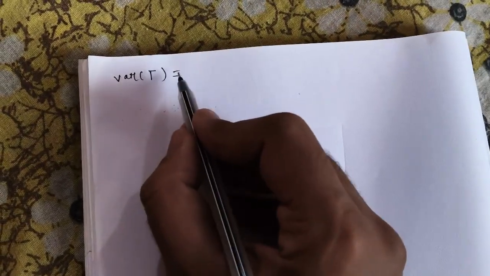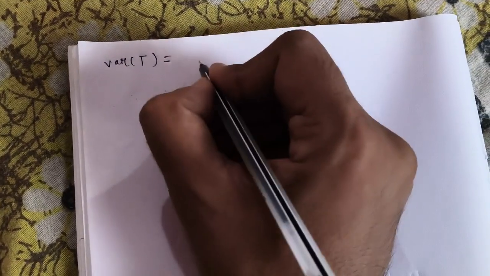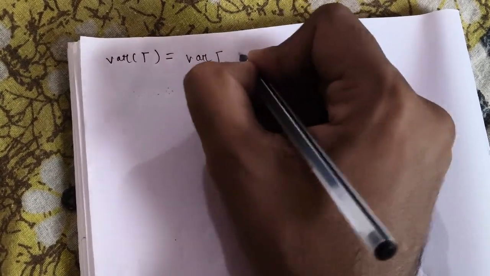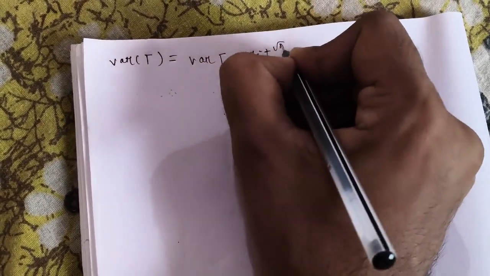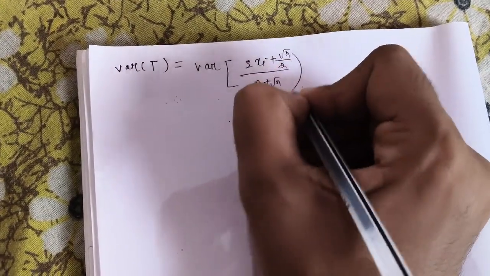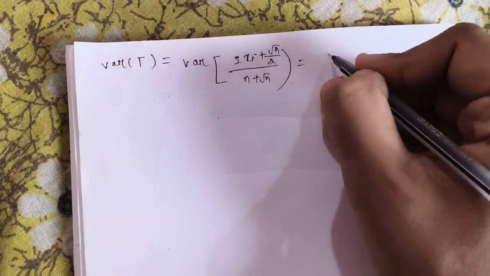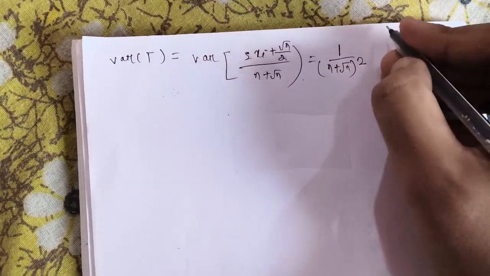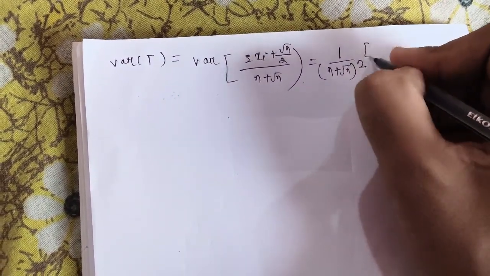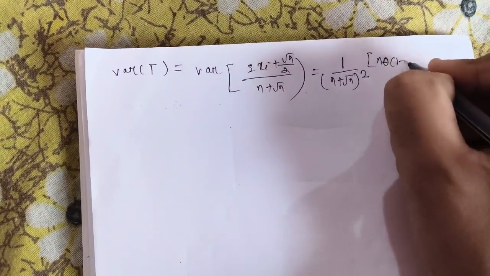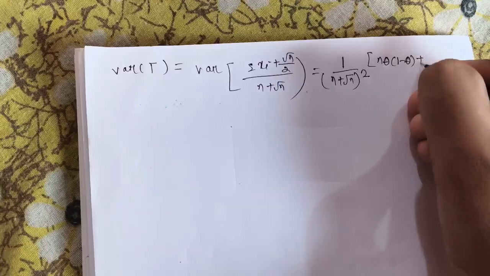Now the variance of T. Variance of T is the variance of (summation xi plus root n by 2) divided by (n plus root n). The constant term comes outside as 1 by (n plus root n) square. The variance of summation xi is n theta into 1 minus theta, plus the constant's variance, which is 0.